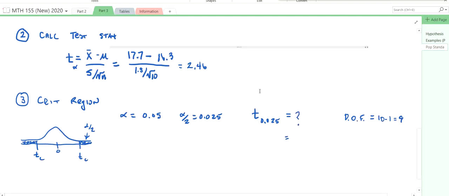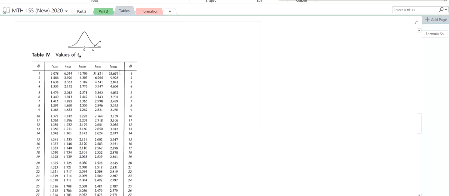Let's go ahead and look at the table. And this is our t-table. And again, we said the area here was 0.025. Now this table only has one side, so this area is 0.025. So we're going to look at this, and then 9 here. We're going to come into here. 2.262 is our value for t.